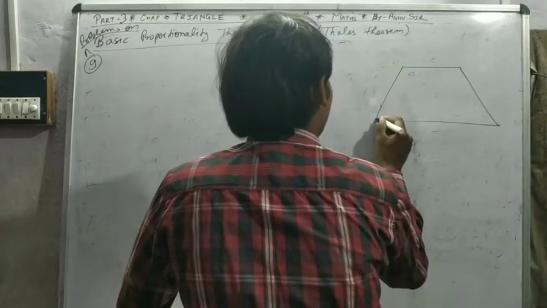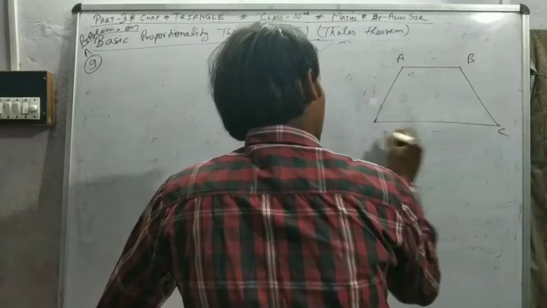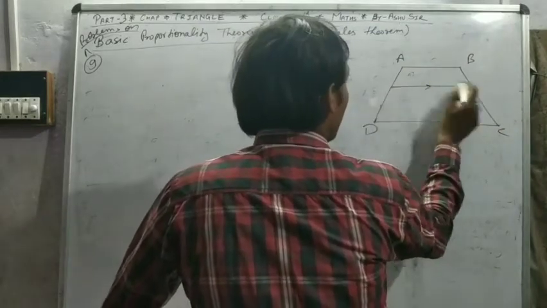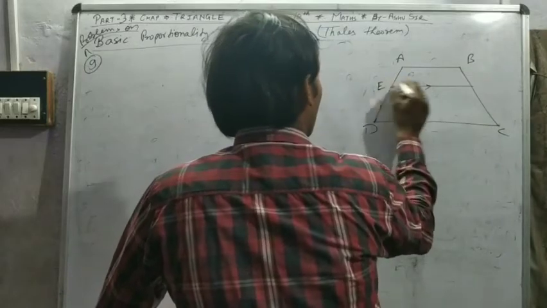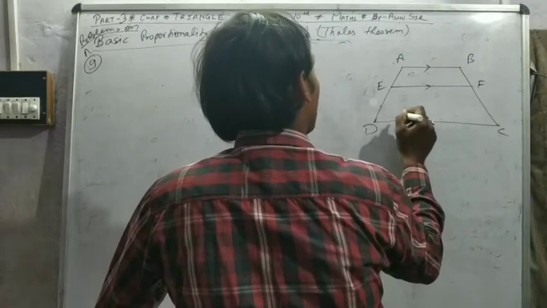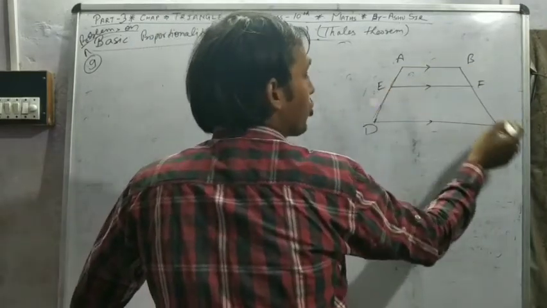Means the question says, suppose this is a trapezium ABCD and a line drawn parallel to the parallel sides of the trapezium, means these three are parallel. So prove that these are in the same proportion.